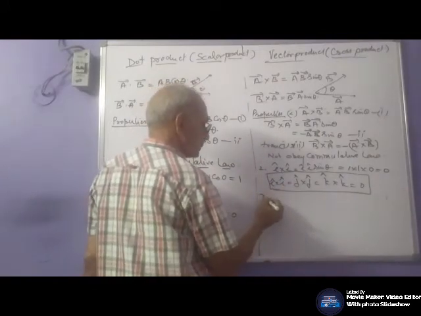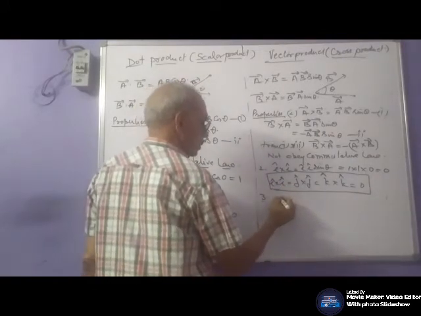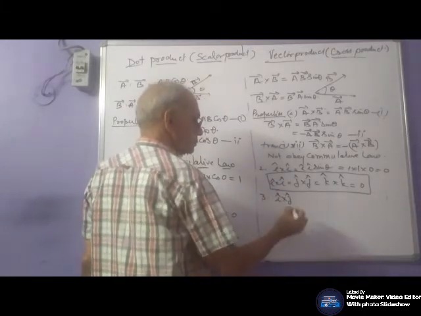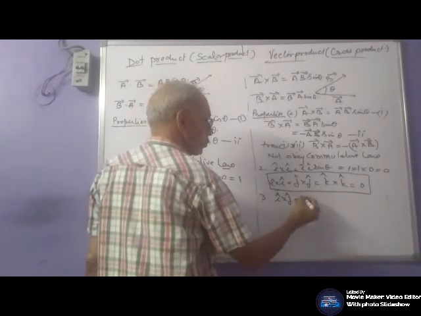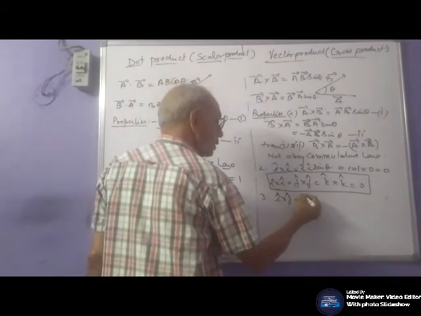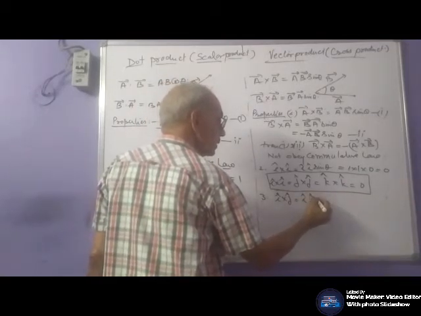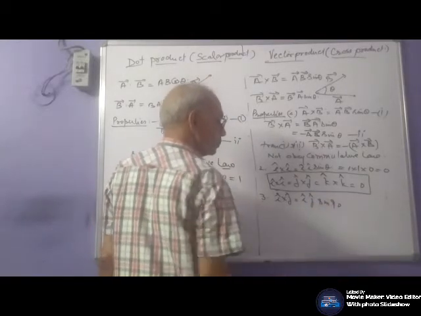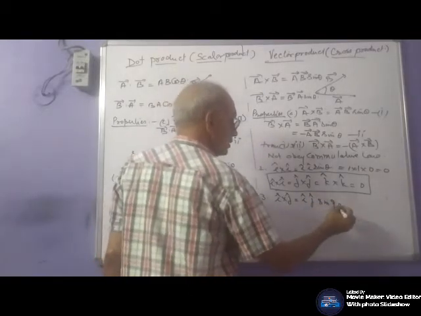Third property, I cross J is I J sin 90. Sin 90 is 1.